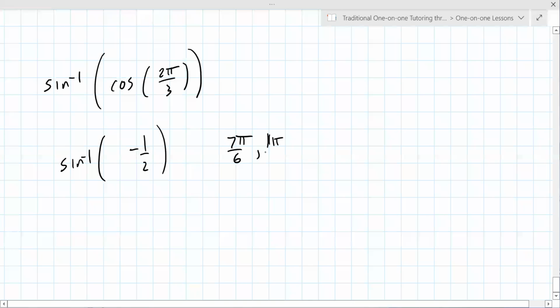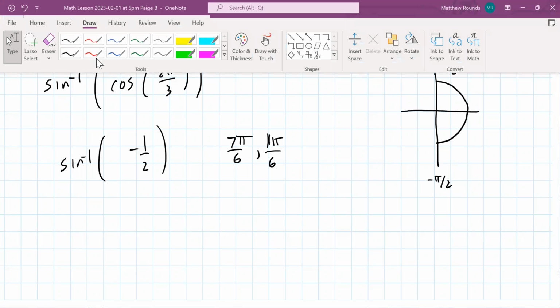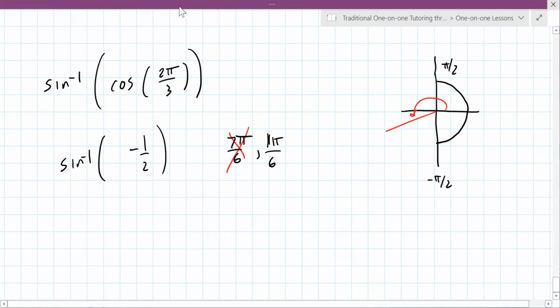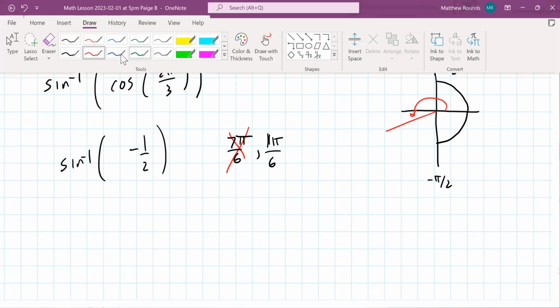Now you might think this is your answer, but you would not get any credit because you have to go from minus pi over 2 to pi over 2. So first of all, are either of these between this? 7 pi over 6 is over here, so that one's definitely out. 11 pi over 6 is a better candidate.